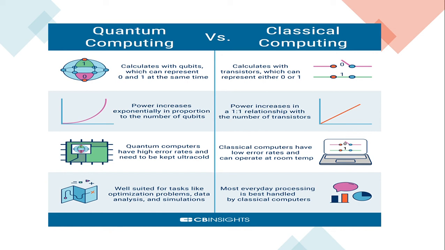In quantum computing, power increases exponentially in proportion to the number of qubits. Quantum computers have high error rates and need to be kept ultra cold. Classical computers have low error rates and can operate at room temperature. Quantum computers are well suited for tasks like optimization problems, data analysis, and simulations, whereas classical computing is suitable for almost everyday processing of data.